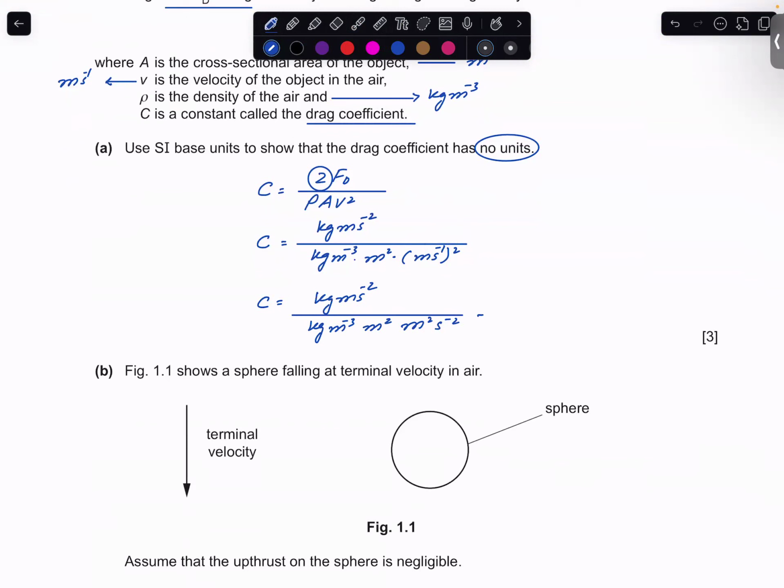So now I will do some mathematics. In this equation I can see this kg and this kg easily cancel out, so no need to write the kg here. Then I will add all the powers of m. M has a power 1, so I will write m power 1.